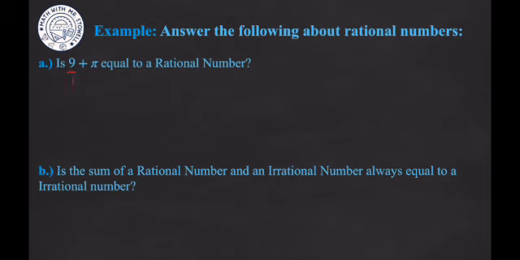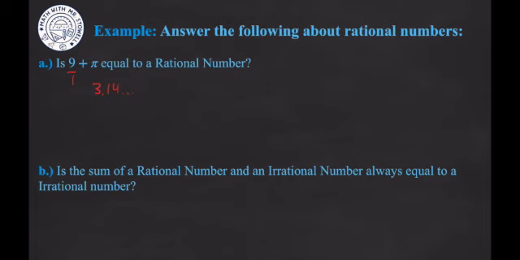Pi is not a rational number. So what's being asked in this question is basically, is a rational number plus a not rational number, a number that cannot be written as a fraction, going to end up being a rational number? Well, 9 plus pi. We know pi is about 3.14, and this goes on forever.